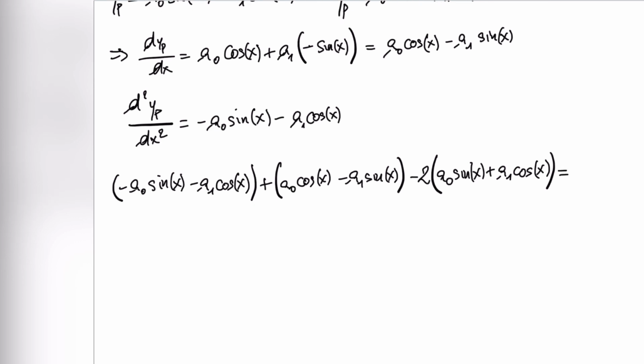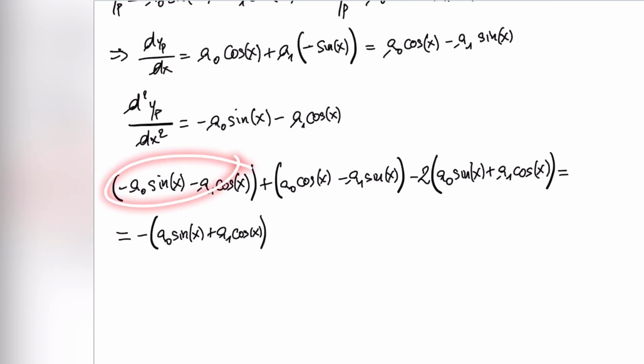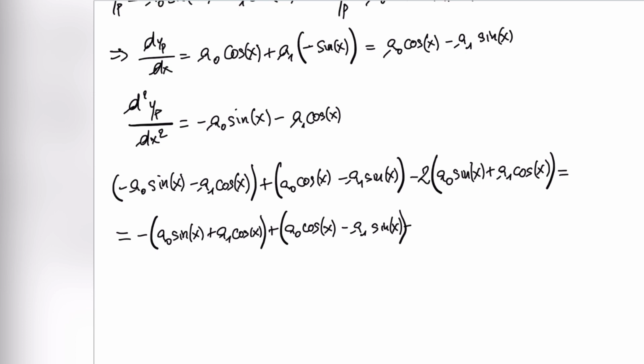Now this is equal to minus a0 sine of x plus a1 cosine of x, which is this one. We put the minus in front, then plus a0 cosine of x minus a1 sine of x, then minus 2 a0 sine of x plus a1 cosine of x.